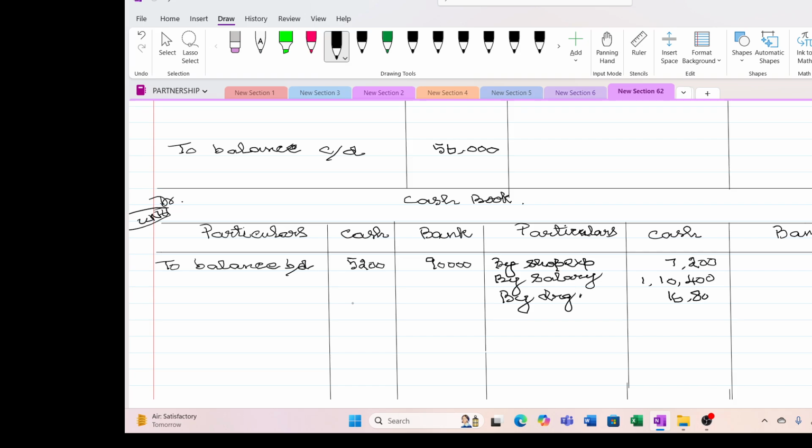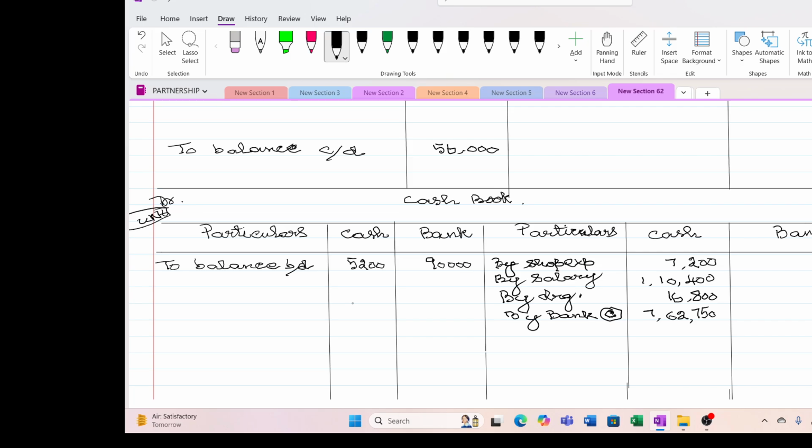After this, they have deposited an amount of 7,62,750. So this has gone into bank. From cash, this amount has gone out to the bank account. So this is a contra entry. Okay, just make a contra entry. If you're not making a column of LF, just make it here itself. 7,62,750.